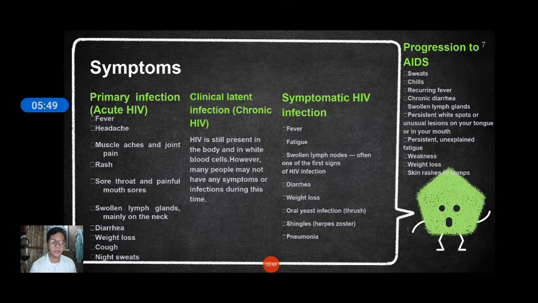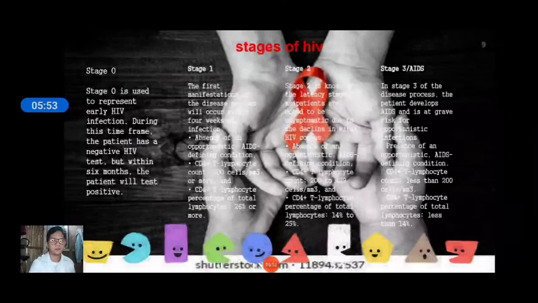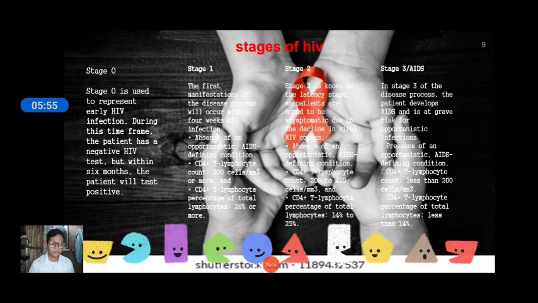So now let's proceed with the stages of HIV. We have here 4 stages: stage 0, stage 1, stage 2, and stage 3, or the stage where you are identified as a person with AIDS. So let's first talk about stage 0. Stage 0 is used to represent early HIV infection.